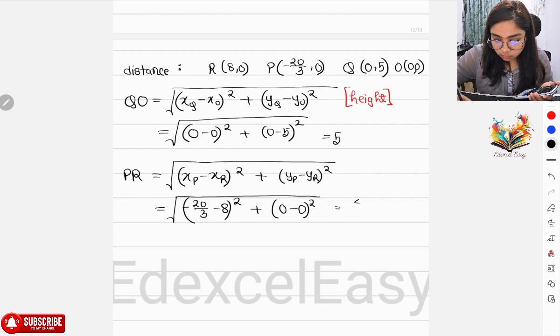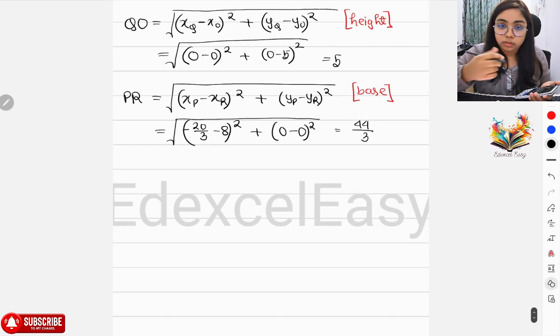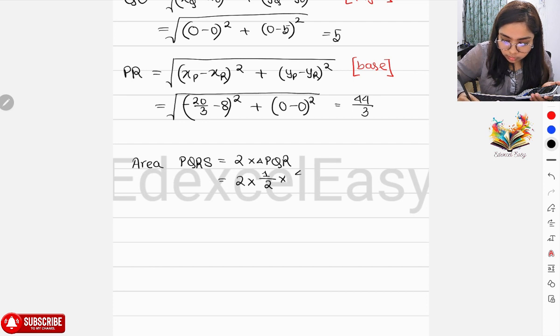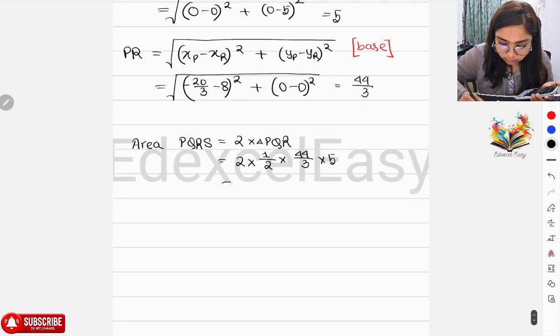So you get 44 over 3. Now this was your base, by the way. Now using the formula half into height into base, we can find out the area of the quadrilateral. So the area of the parallelogram PQRS would be twice the triangle PQR, which is twice into half. Base was 44 by 3, height was 5. So you get 44 by 3 into 5, which is 220 by 3.